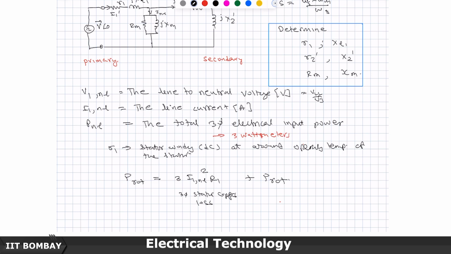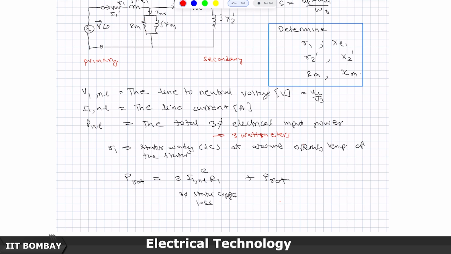The induction motor will be running very close to the synchronous speed at no load. So, the rate of change of flux which is seen in the rotor is going to be practically negligible, and later on we will also discuss how to separate out the components related to RM, the hysteresis and the eddy current losses.